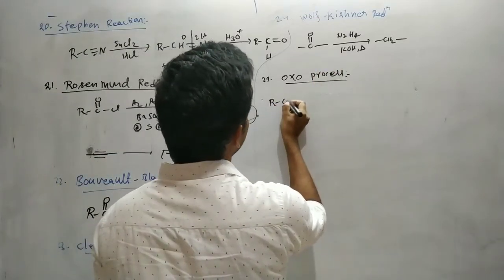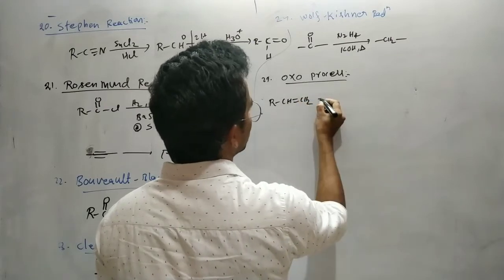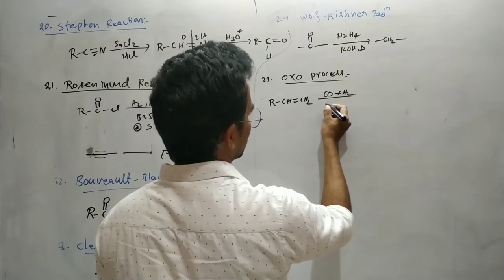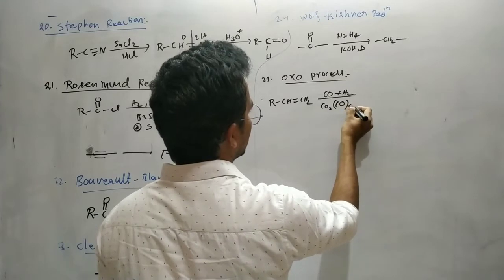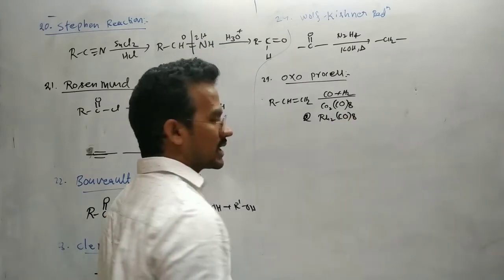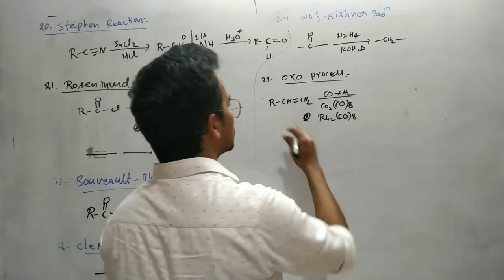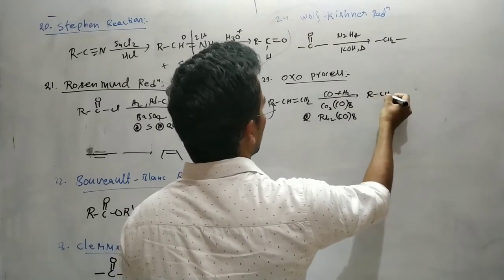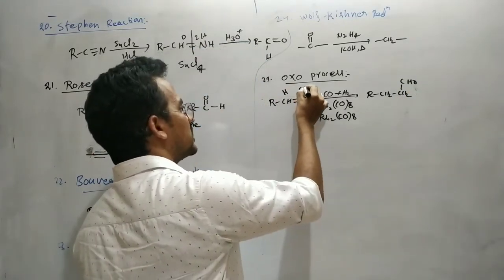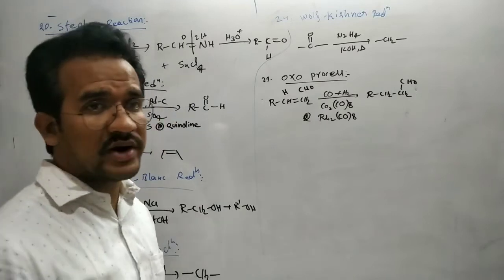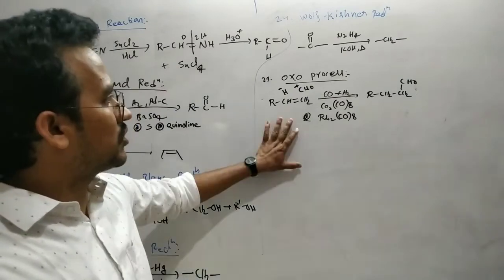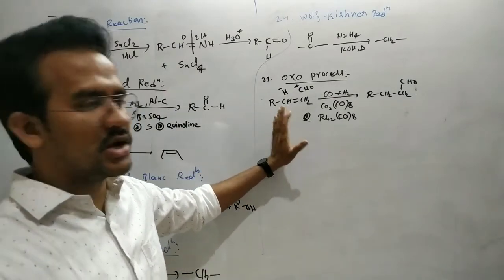Here an alkene, CH double bond CH2, is passed with water gas in the presence of an oxo catalyst, that is cobalt Co2(CO)8, or rhodium carbonyl. Alkenes are converted to aldehydes. One hydrogen is added to one carbon and CHO to the other. It is a Markovnikov addition of H minus and CHO plus. That is the oxo process.